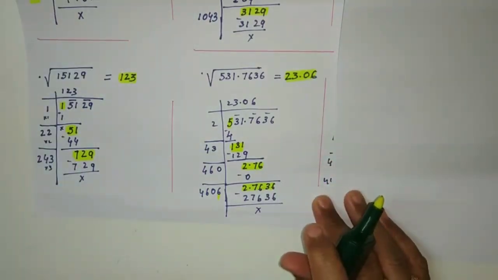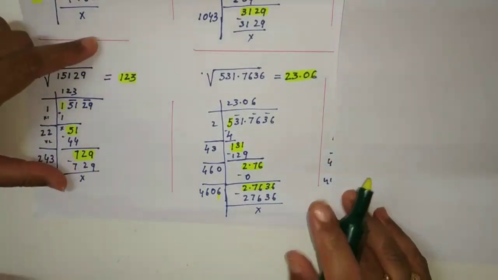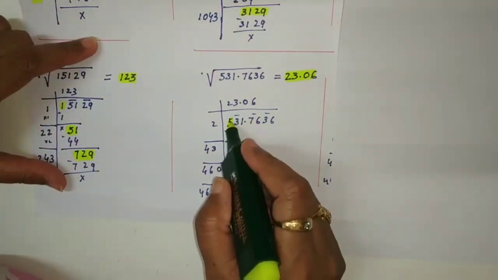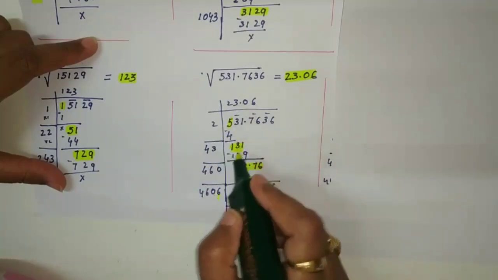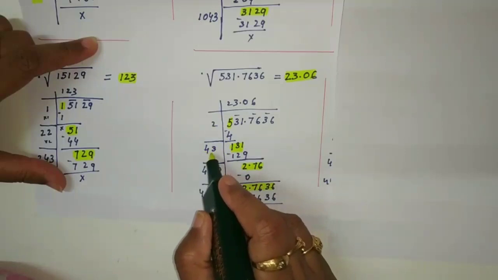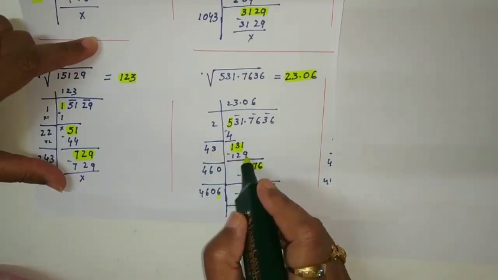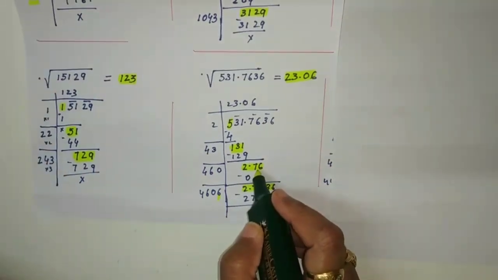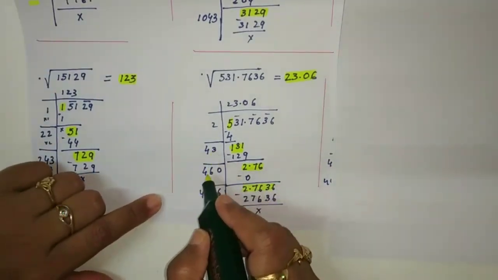I will repeat it once again. Paired the number. First number considered 5, so 2 2s are 4. Balance 1, 31 came down. 2 plus 2, 4. 3 was multiplied, 129. Difference is 2 point, next number 76. And 43 plus 3 is 46.